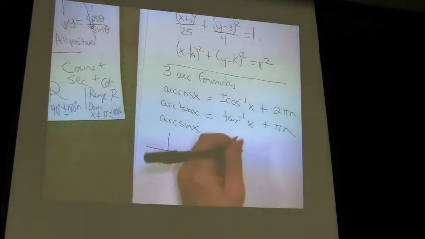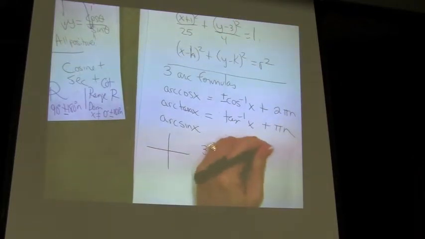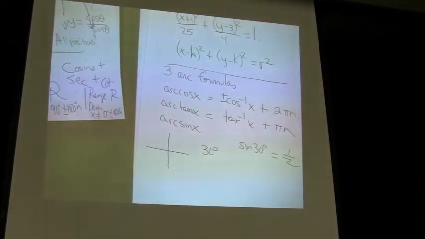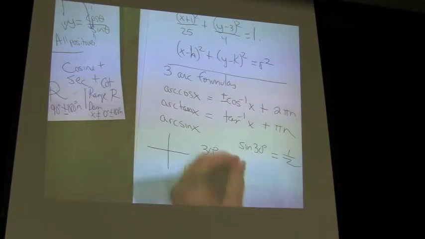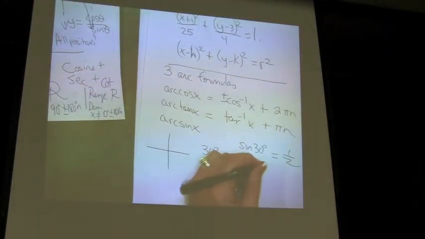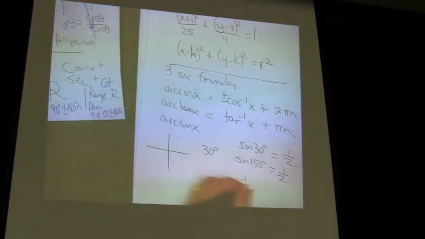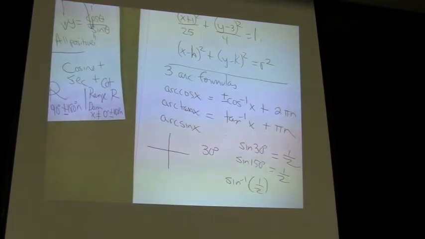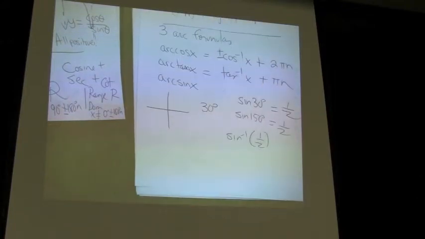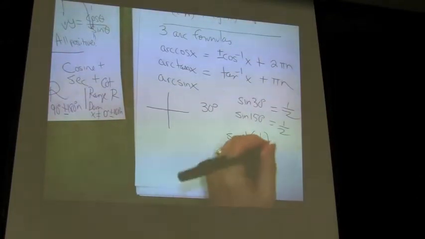If we asked our calculator, what is sine of 30 degrees? Our calculator will give us 1/2. If we ask our calculator, what's sine of 150? Our calculator will give us 1/2. But if we ask our calculator, what's inverse sine of 1/2? The only answer the calculator will ever give you is 30.